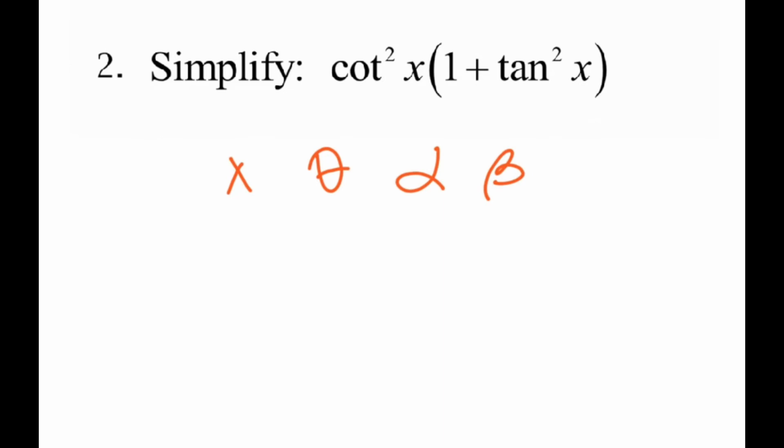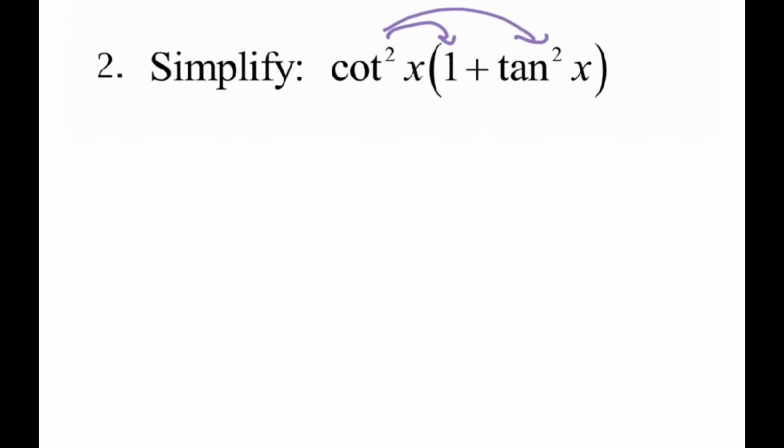They're just a variable. Okay, so for this one, we've got cotangent and tangent. And originally you might think, well, I don't know what to do with that. The first thing is look for something you already know. So how about we distribute? Because that's something we've learned to do. So let's multiply cotangent squared times 1. So that's cotangent squared x.